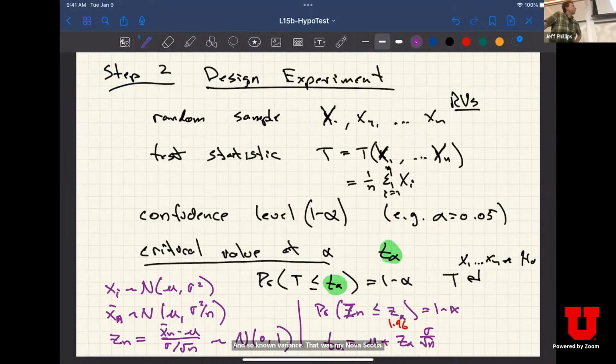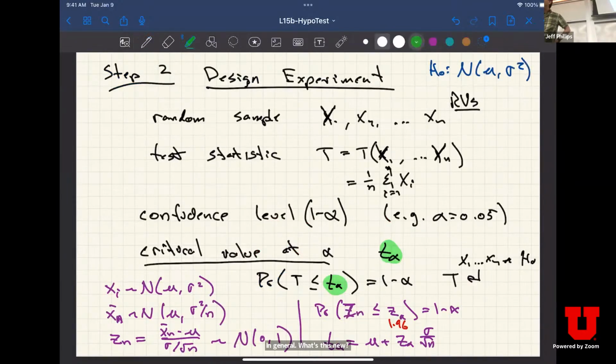Okay. Once I have this, I know the values I'm given on the input. Remember, my H0 in general was this normal with mu and sigma squared. So I got on input mu and sigma squared, which gives me this one.